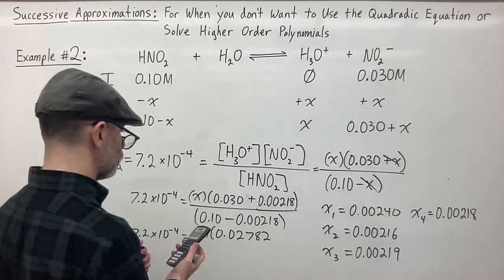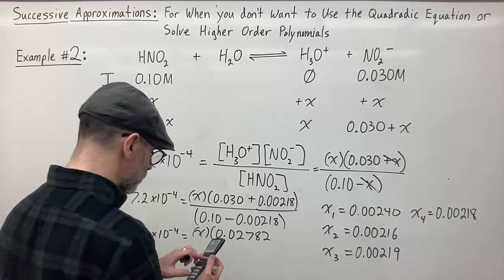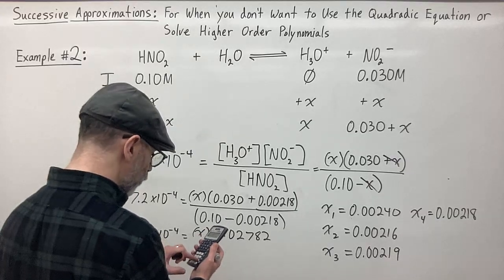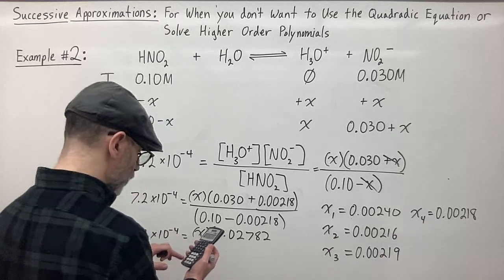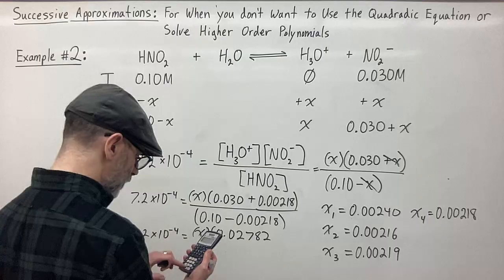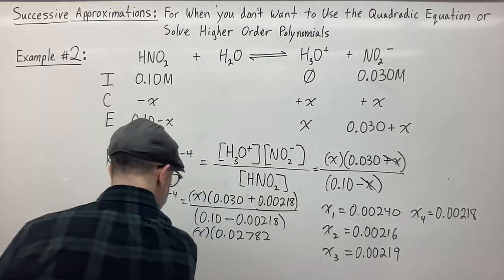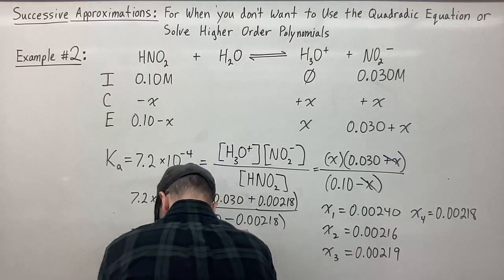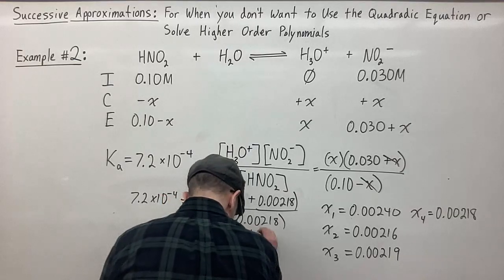Wait, let me double check it. Oh, no, hold on, sorry. I think I subtracted again. That doesn't make sense. So 0.03 plus 0.00218 equals, oh, that's so much better. 0.03218.